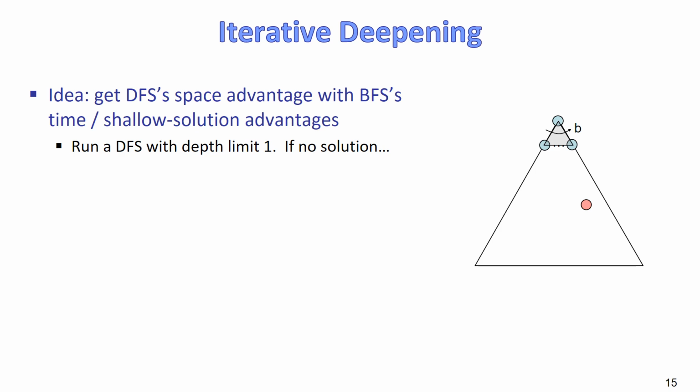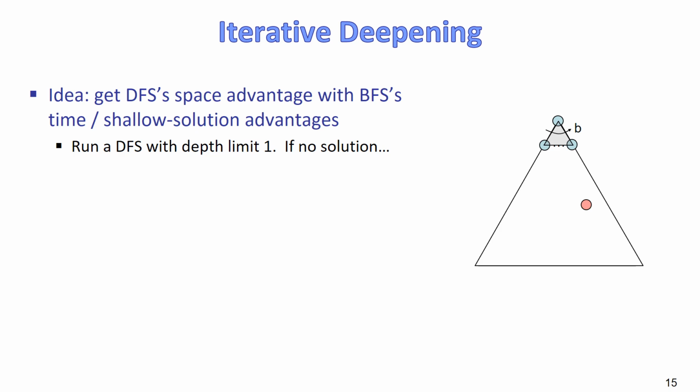So now, because we are running DFS in iterations with increasing depth, that means that we will find the shallowest solution first. That's the spirit of BFS, that we will find the shallowest solution first.